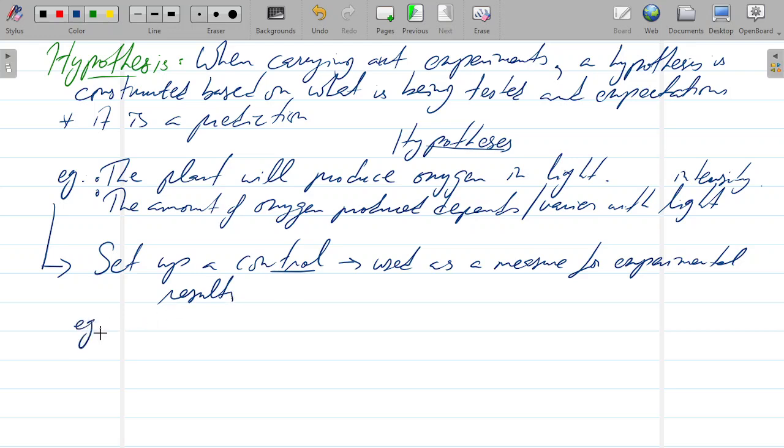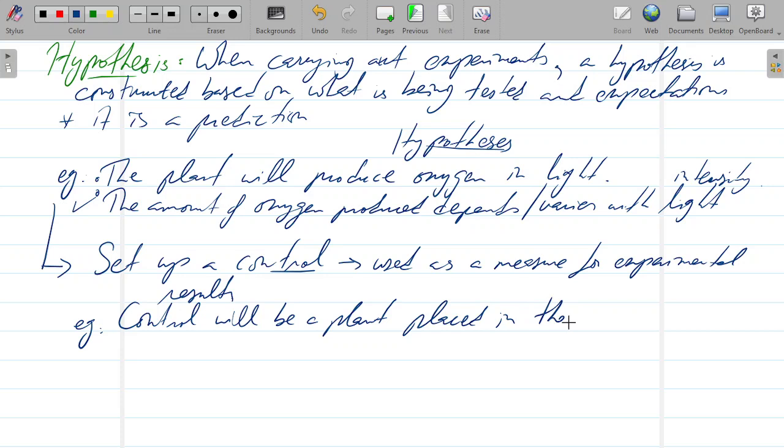So in this case, for example, or in both cases, the control will be a plant placed in the dark, and you measure oxygen produced.